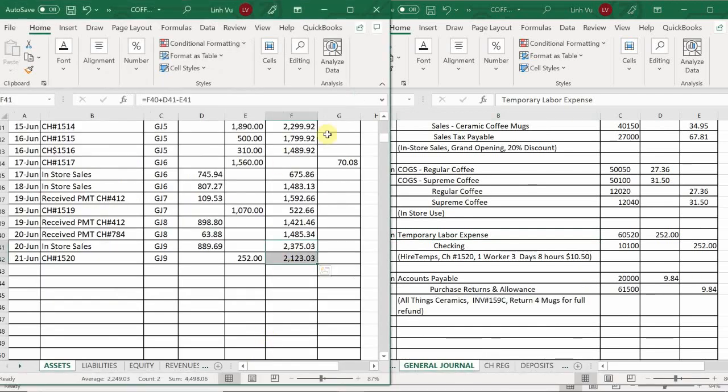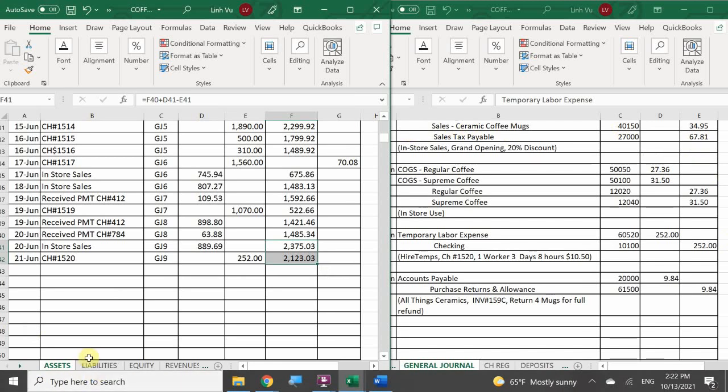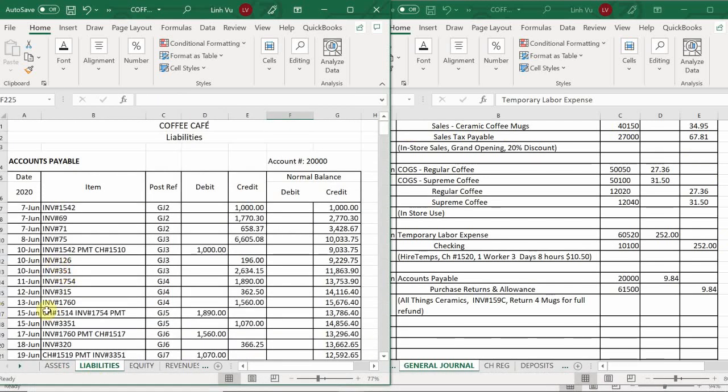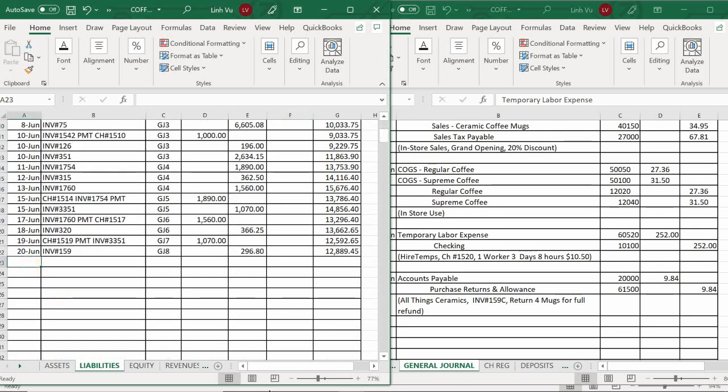Okay. So first thing we have is an accounts payable. Invoice number 159C.